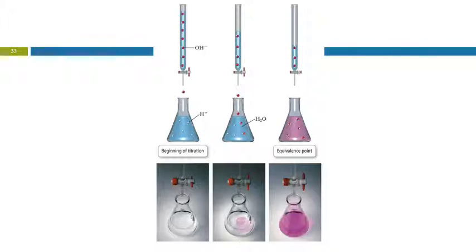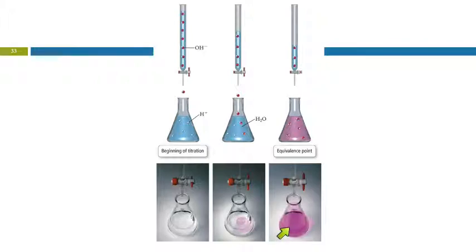We want the equivalence and the end point to be very close to each other, but it's not really possible to hit it exactly. So the smaller amount of base that you add to get that permanent color change, the more accurate your endpoint will be. Now, this is a very intense color of phenolphthalein, and it's easy to get hung up on the exact shade of the phenolphthalein in your finished titration.